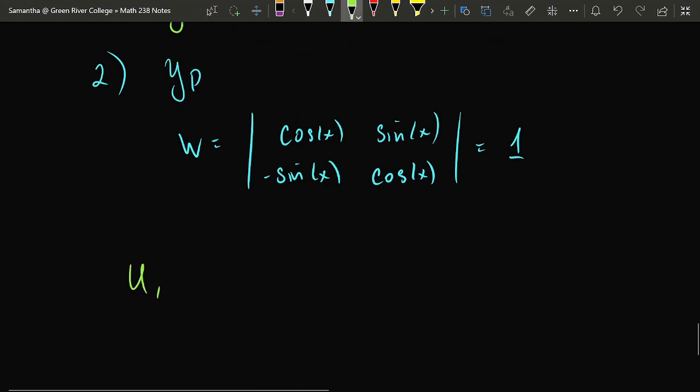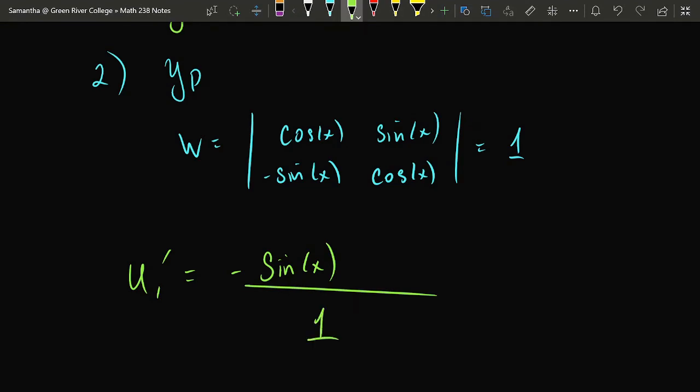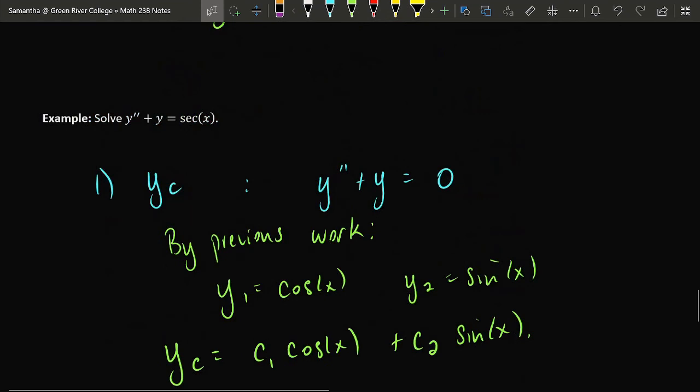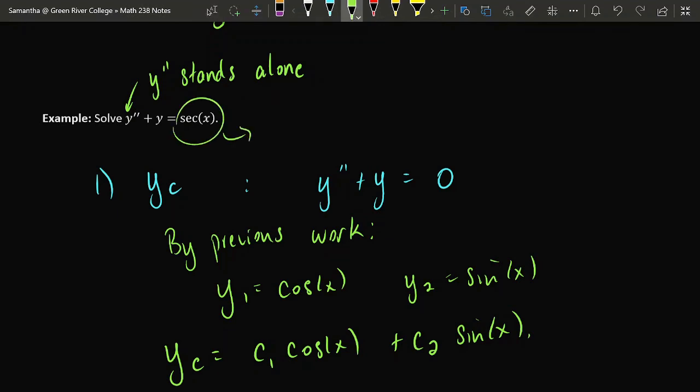So our u1 prime will satisfy the equation negative y2 divided by the Wronskian multiplied by the function f of x on the far right. Now let me check, y double prime stands alone. So the differential equation is in the correct format, and f of x is exactly equal to this function secant on the right side.